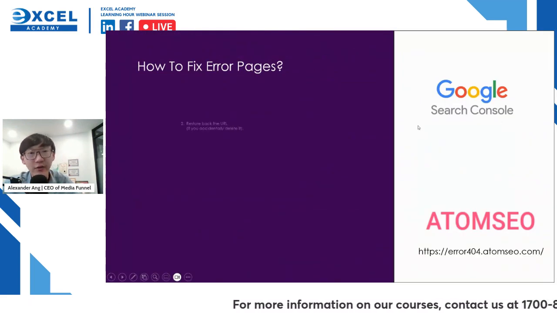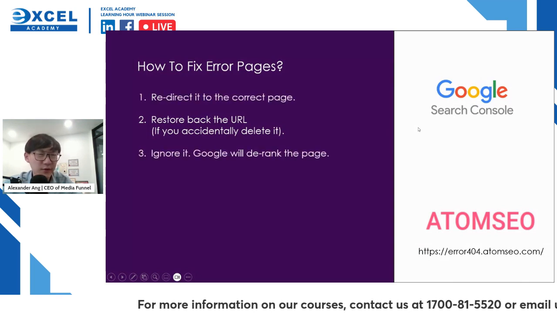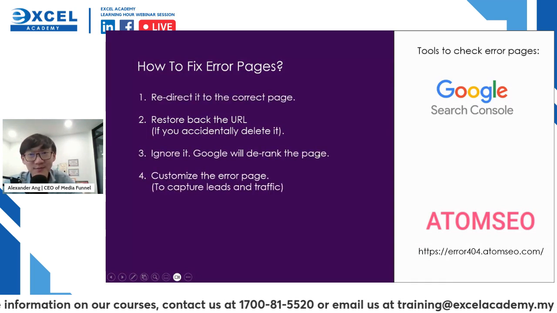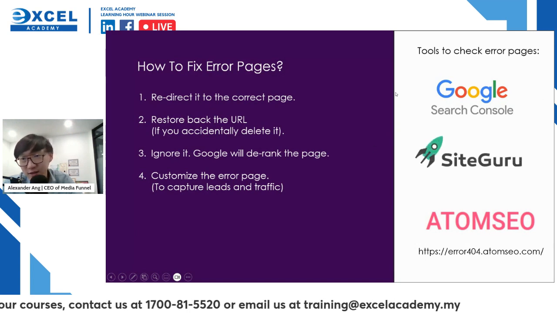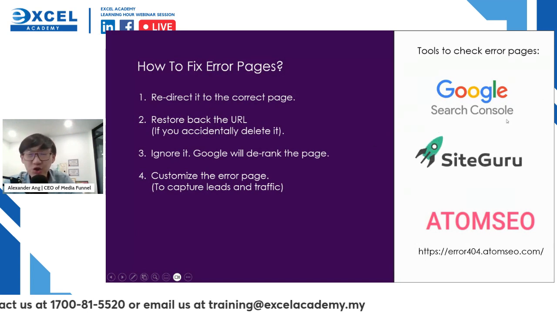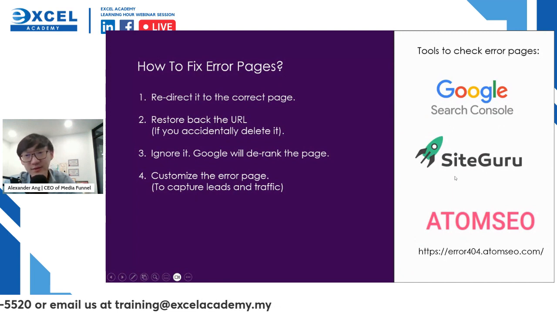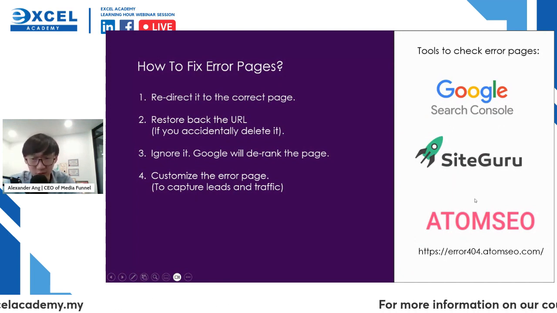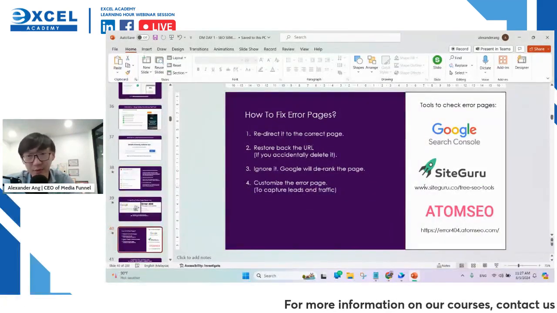How do you check error pages? How do you know? If you have 4 or 5 pages, it's easy. You can just test one by one. But if you have 100 pages, these are the tools that you can use. Search Console, number 1. Number 2, Site Guru is an SEO tool as well. Number 3, Atom SEO. Let me just give you one example.